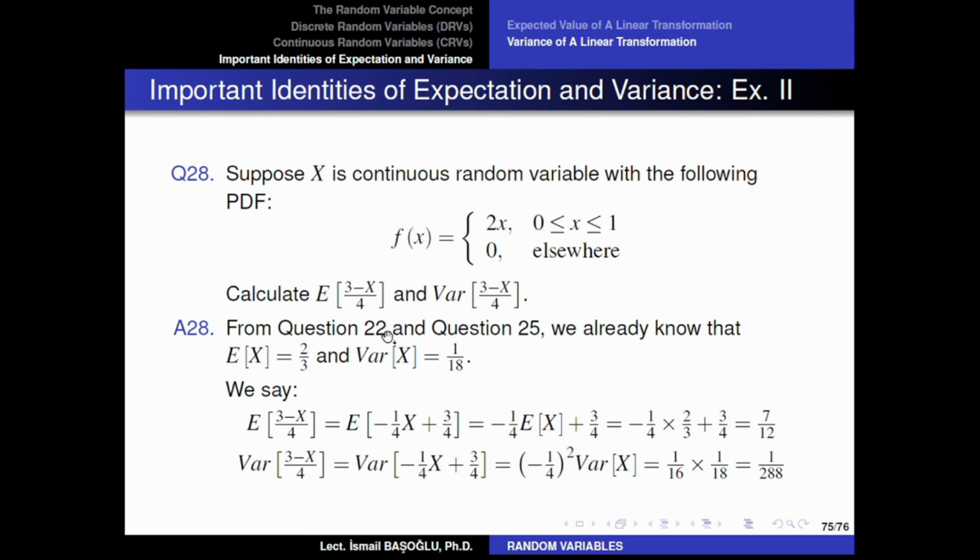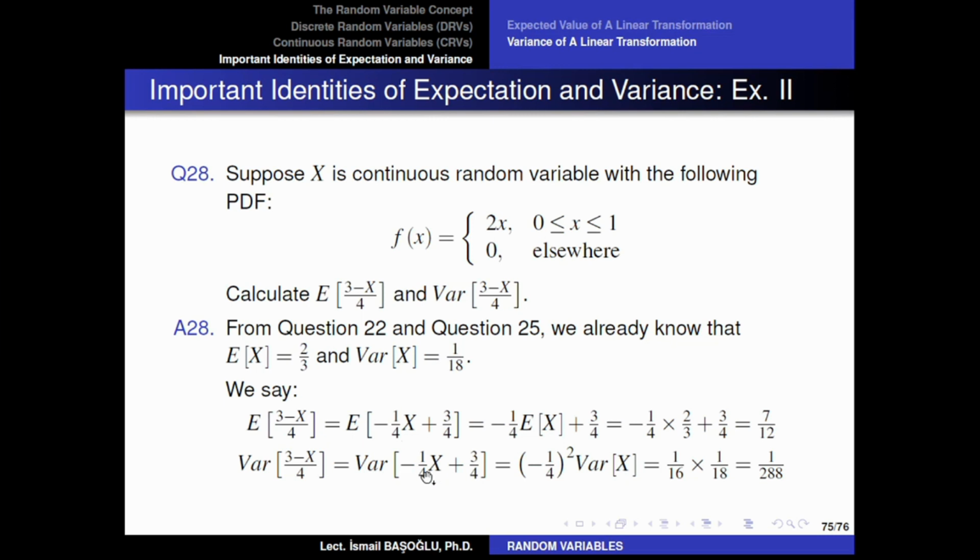And from question 22, we have already computed that the expected value of this random variable is 2 over 3. And by plugging it here, we can calculate the expected value of 3 minus x over 4 as 7 over 12. And just like that, we can also compute the variance. Again, 3 minus x over 4 can be rewritten as minus 1 over 4 x plus 3 over 4. 3 over 4 is not effective in changing the variance.